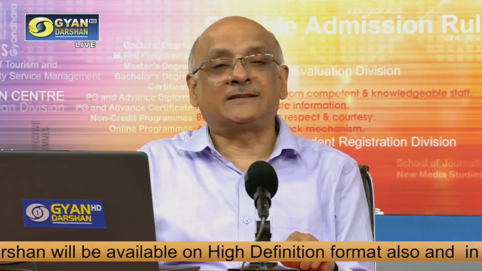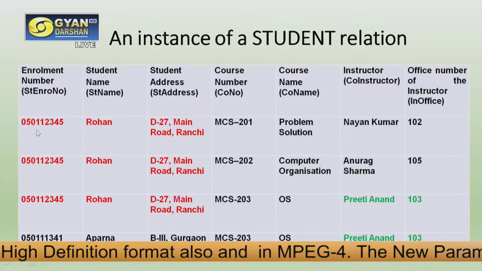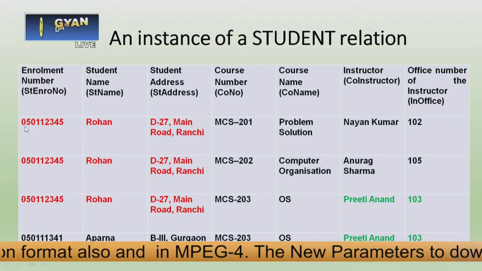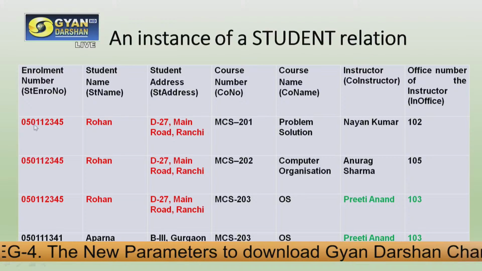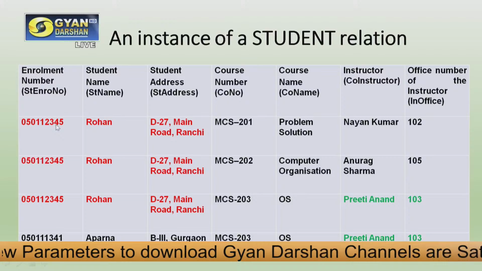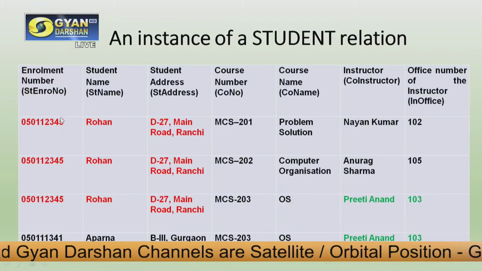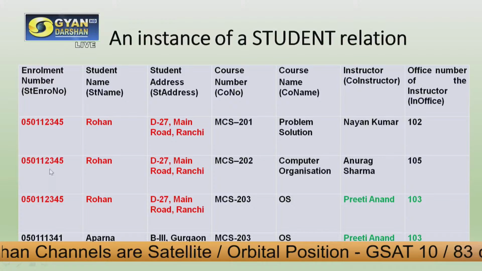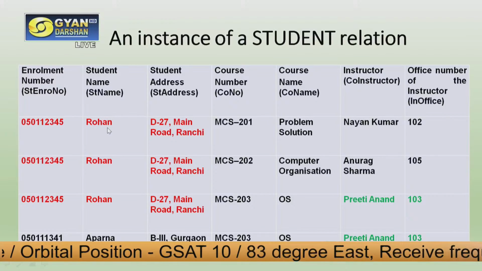But what it means technically, if we see what functional determination means in this dependency, is, for example, enrollment number, the last digits 2, 3, 4, 5, right? This particular enrollment number exists in three places, and in all the places the student name happens to be Rohan.